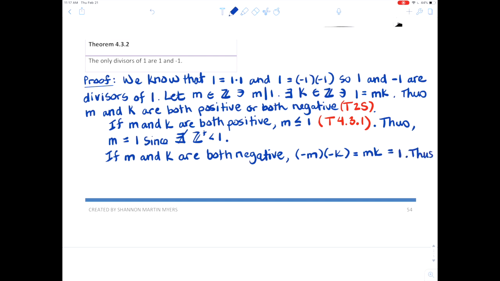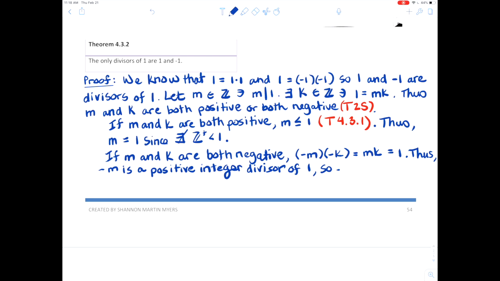Thus, negative m is a positive integer divisor of 1.